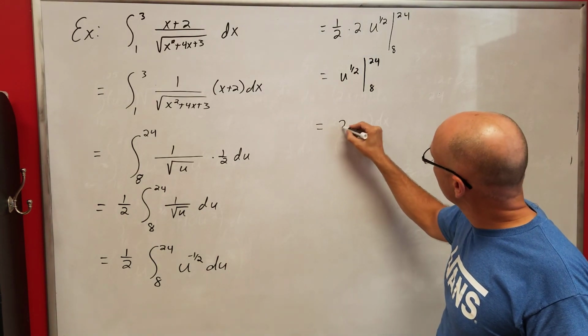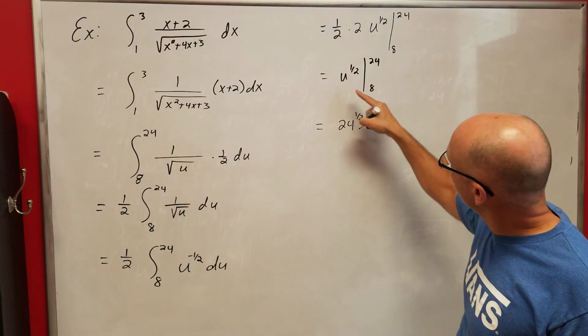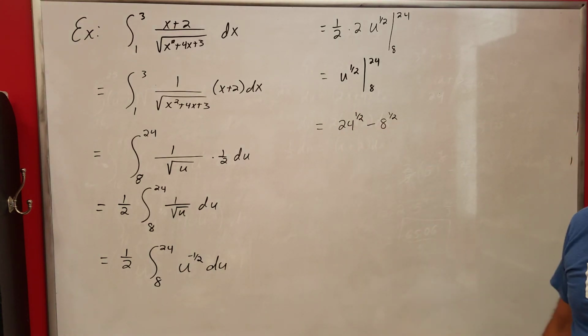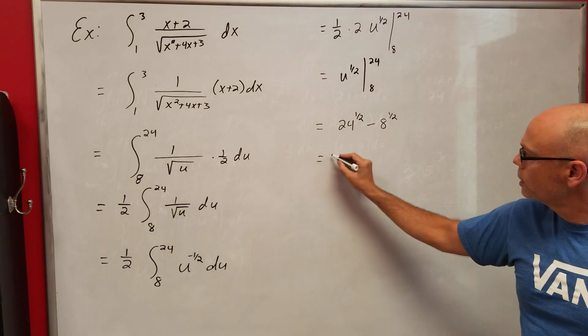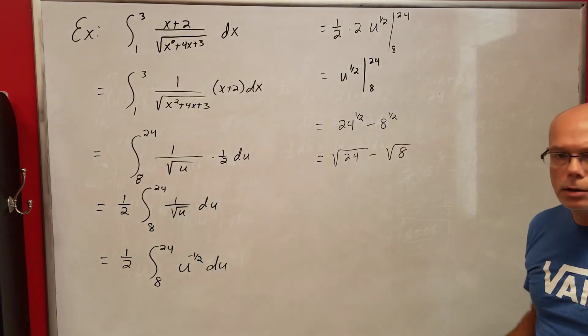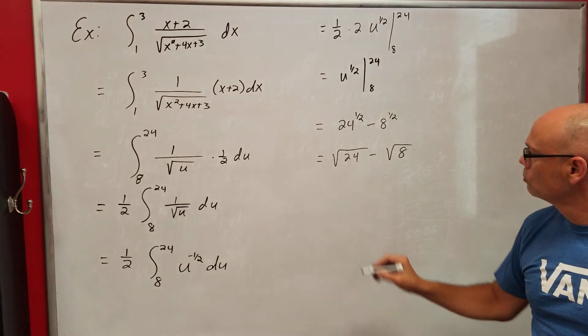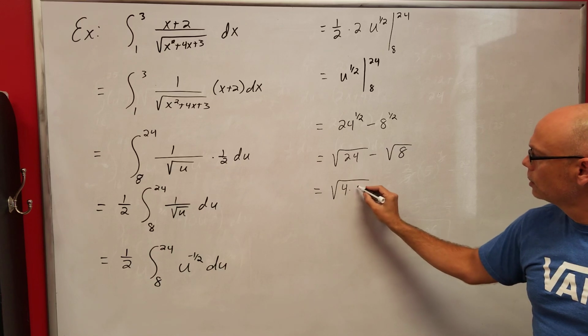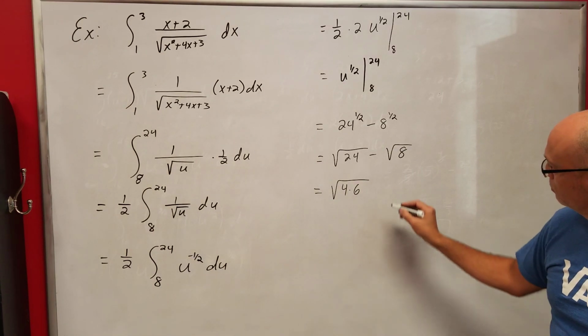So what does that give me? 24 to the 1/2 minus 8 to the 1/2. Well, isn't that really the square root of 24 minus the square root of 8? How about 24? I can break that down into 4 times 6, right?